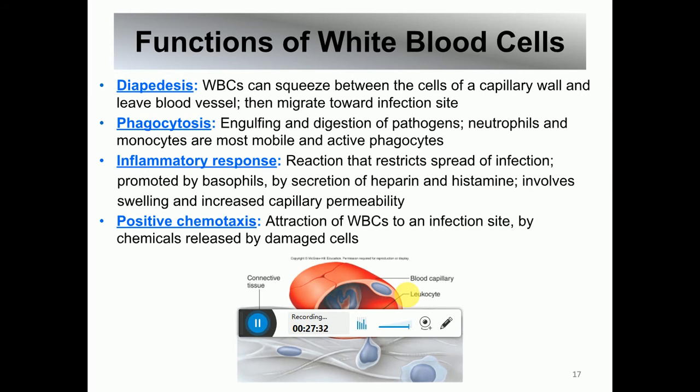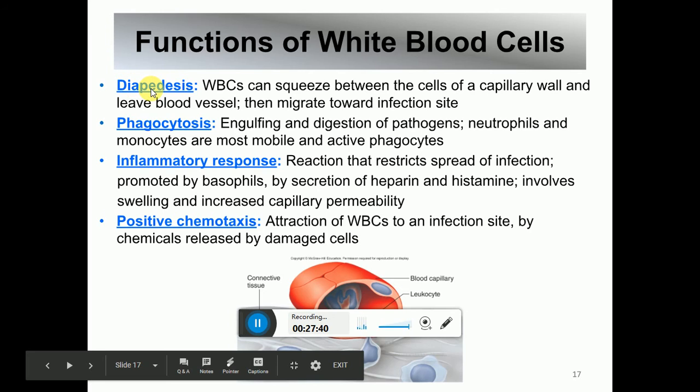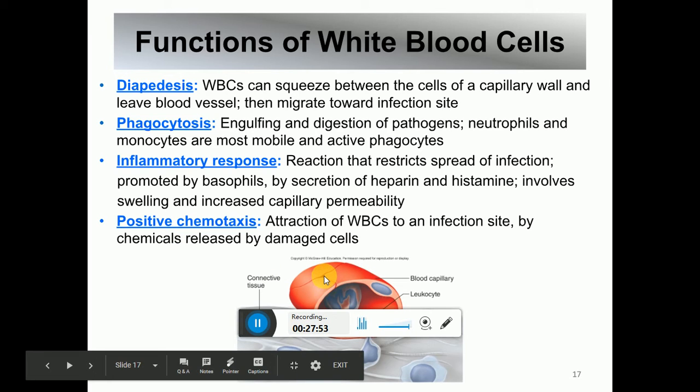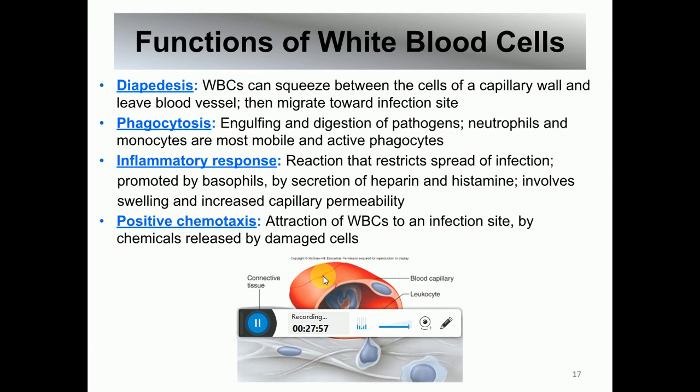Function of white blood cells: all of them produce their functions because of these different things that they can do. There's what is known as diapedesis, and diapedesis means that these white blood cells have the ability to squeeze themselves through the little slits that are found in capillary walls in order to exit the capillaries and reach the interstitial tissue.